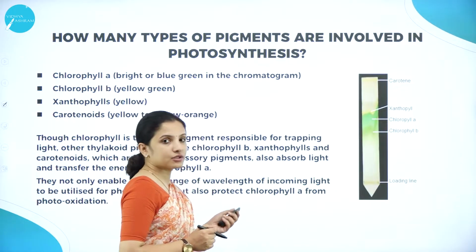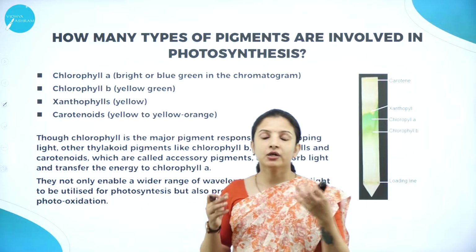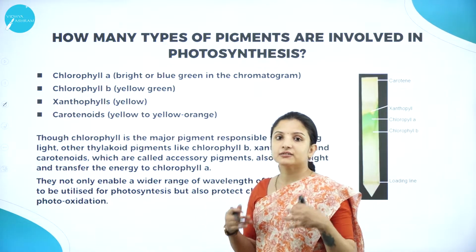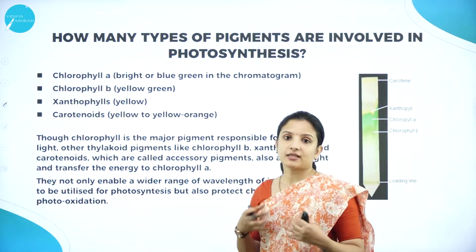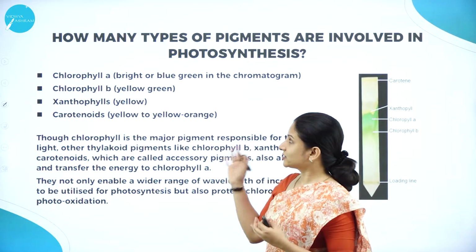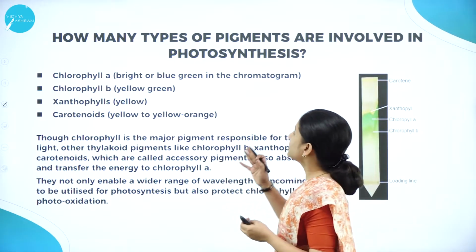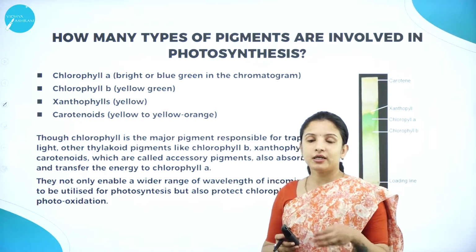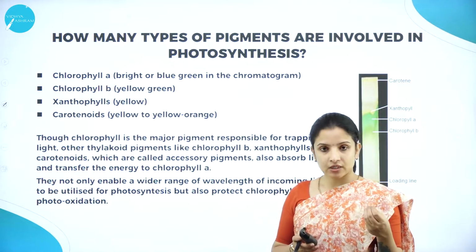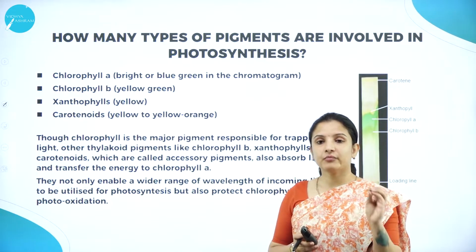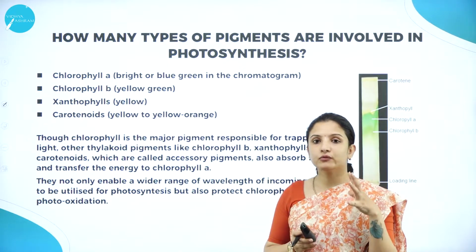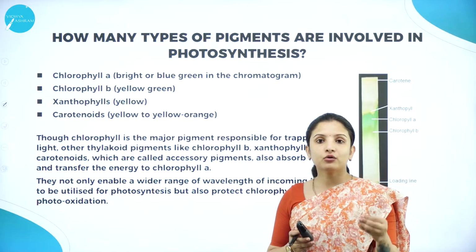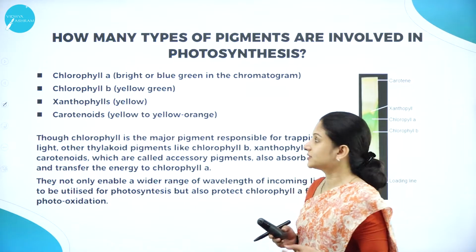So since we know the structure of the chloroplast and we know that in the chloroplast it is the chlorophyll pigments that are being produced, we shall study how many types of pigments are involved in photosynthesis. In the lower classes we would have studied that chlorophyll pigment, everywhere we would have just used the word chlorophyll, which takes part in photosynthesis, right?